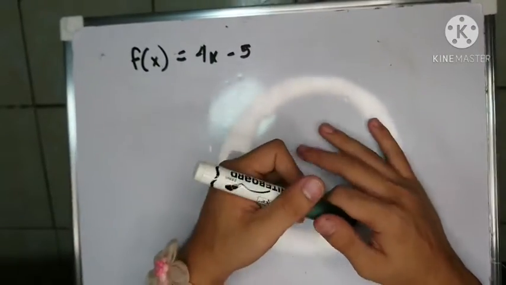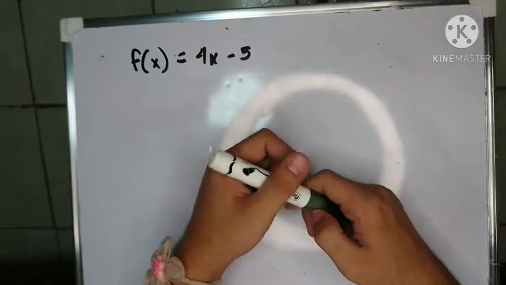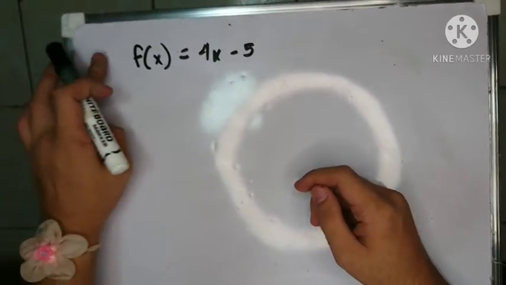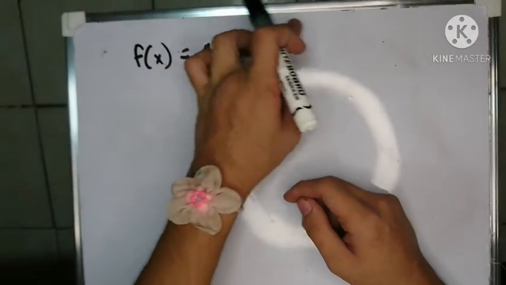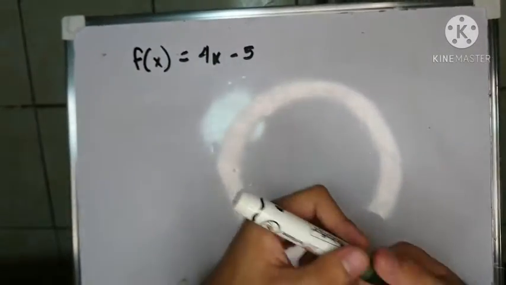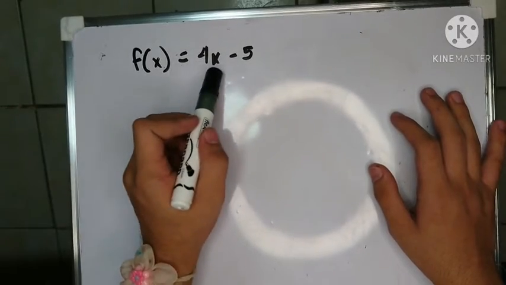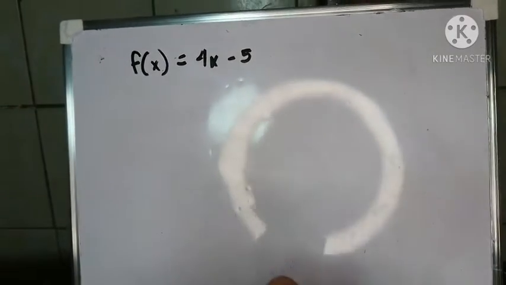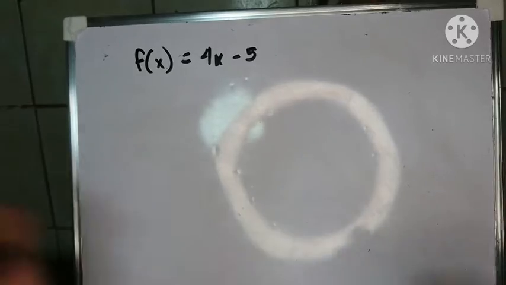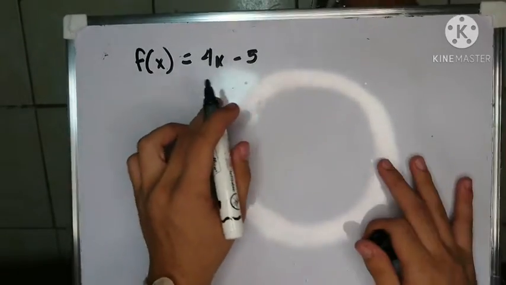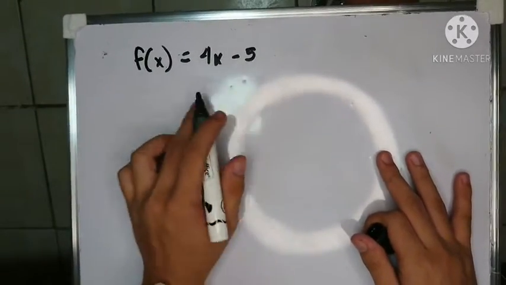As we wrote earlier in these steps, for now we're going to make some examples of inverse functions. The first example is f(x) equals 4x minus 5. Step 1 is to write y equals f(x).